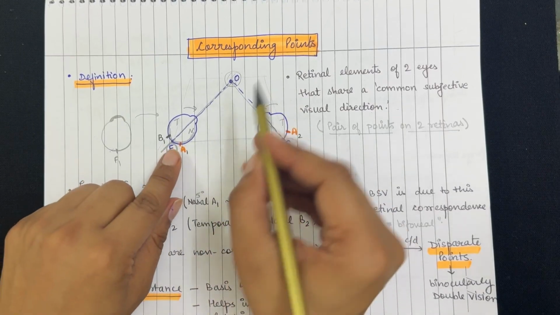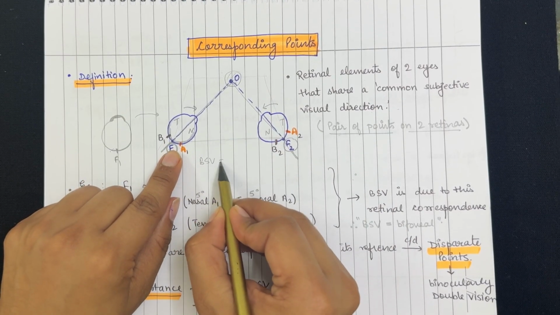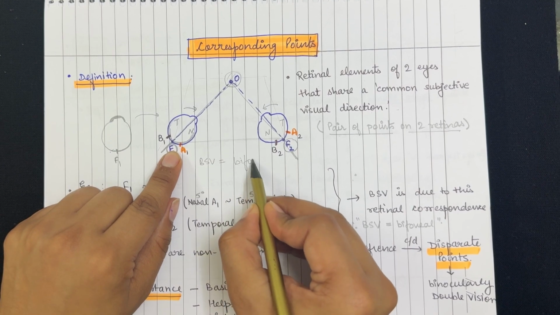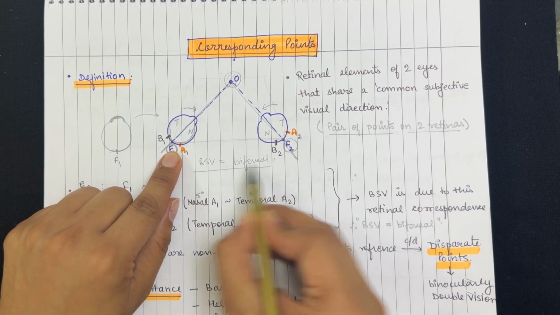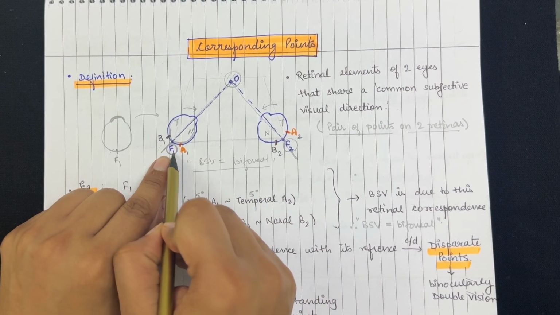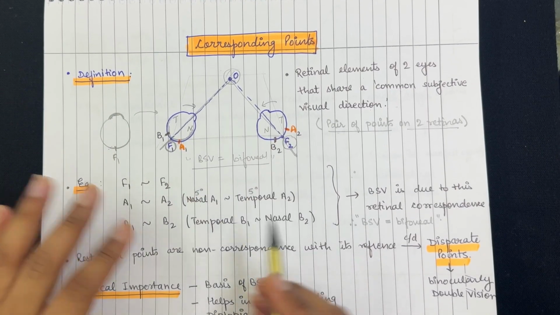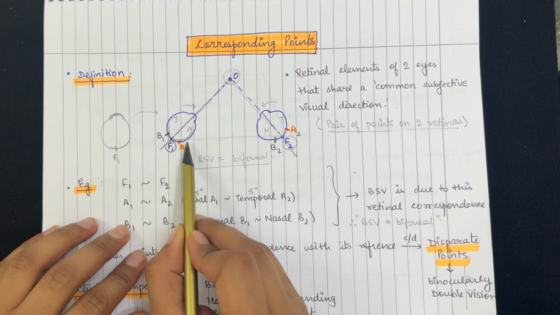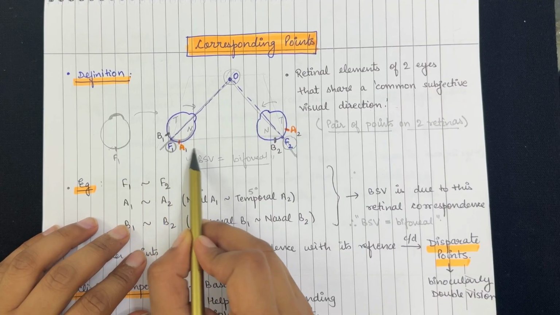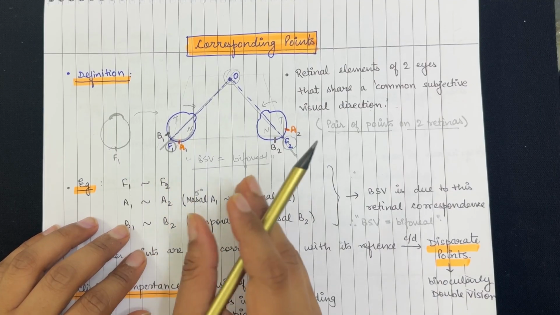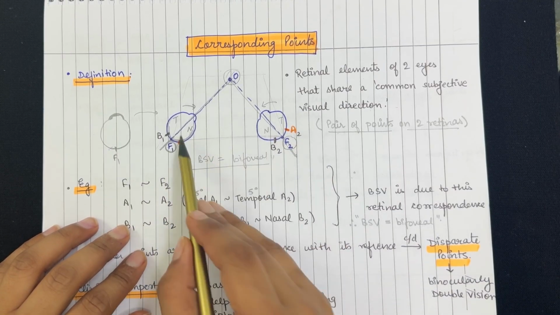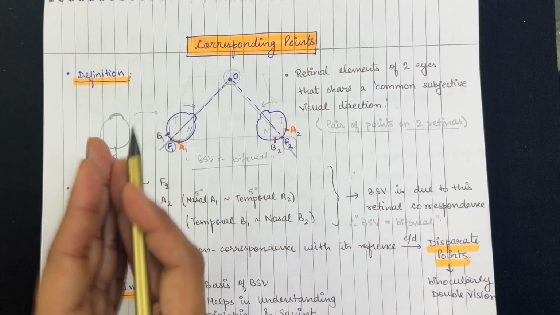So you should remember that binocular single vision is equal to bifoveal vision, you can say. So the fovea of one eye corresponds to the fovea of the other eye. Similarly, each retinal element has a directional value, right, without which localization is not possible. So you can remember it like this.